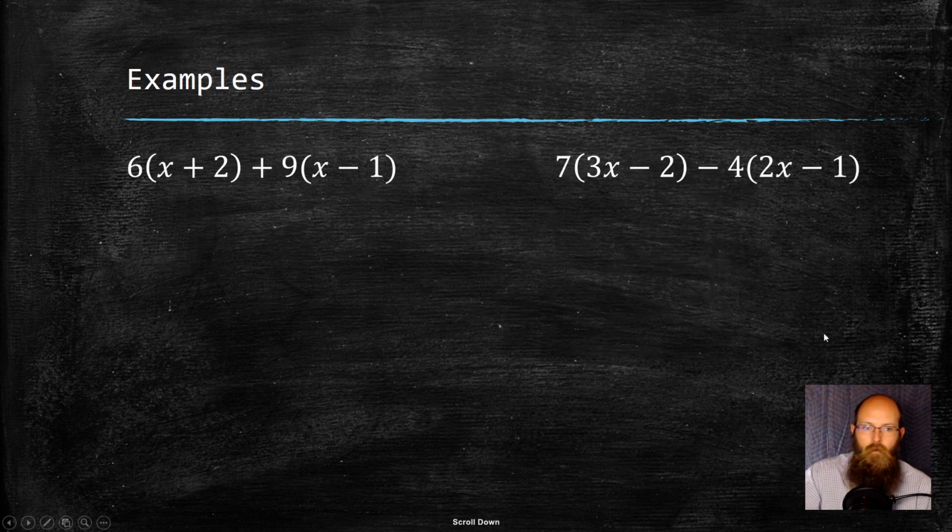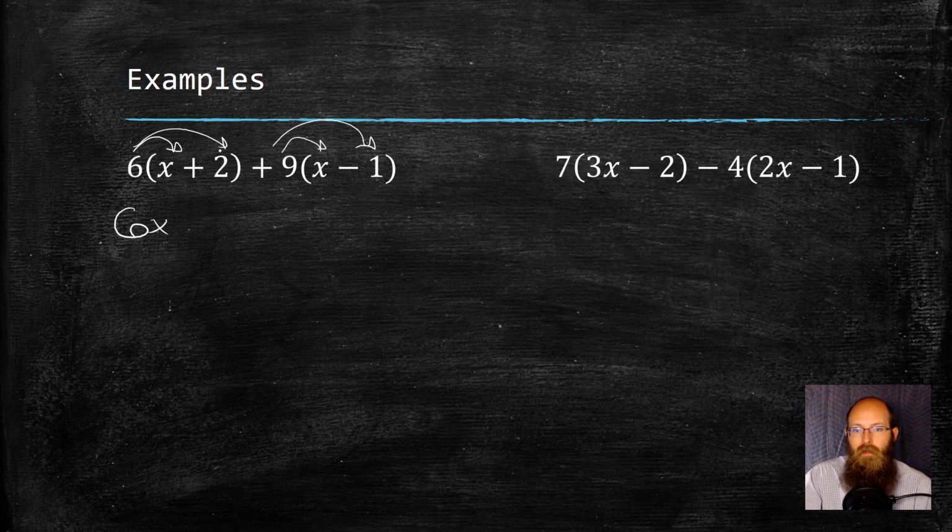Let's go on to some harder ones. Here I'm actually going to distribute this 6 into both of my things in my parentheses, and I'm going to distribute my 9 into both things in my parentheses. So 6 times x gets me 6x. 6 times the 2 gets me a 12. Then I have to take that 9 in. 9 times x gets me 9x. 9 times negative 1 is a negative 9.